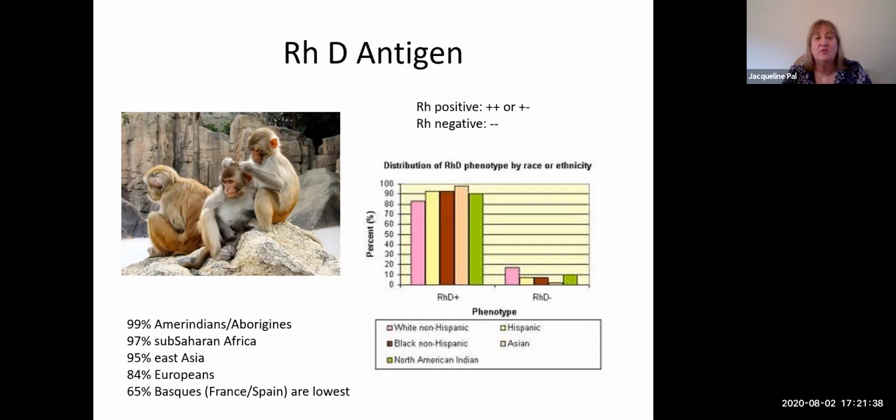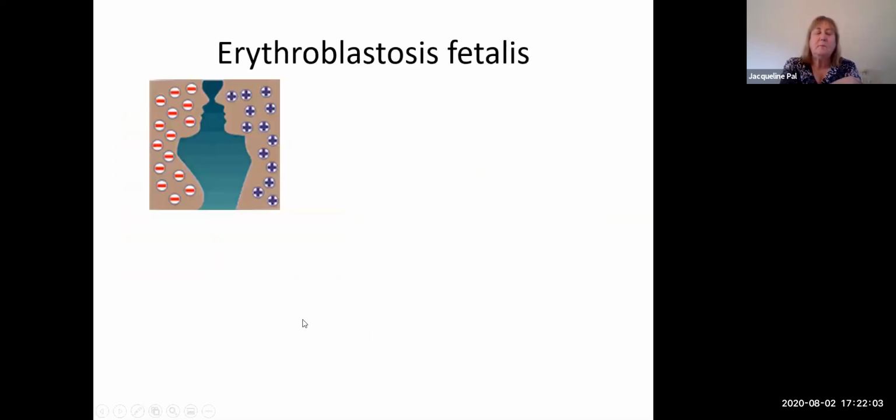And even there, 2/3 of the population is Rh positive. And so since most white Americans are of European ancestry and a lot of Europeans are of French and Spanish ancestry, this is why the white population has slightly lower incidence of Rh positivity than the other ethnic groups.